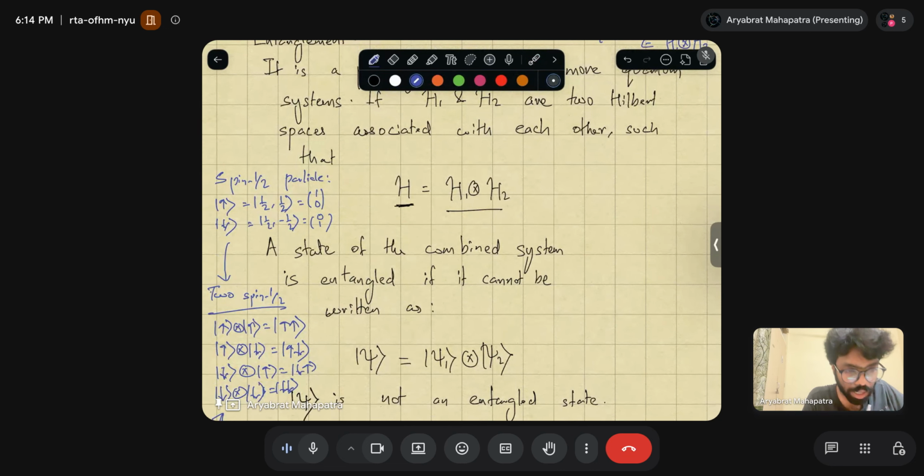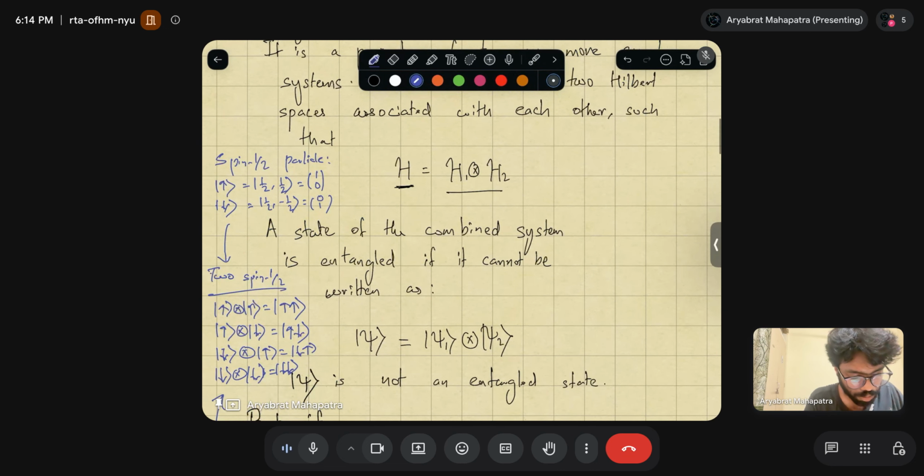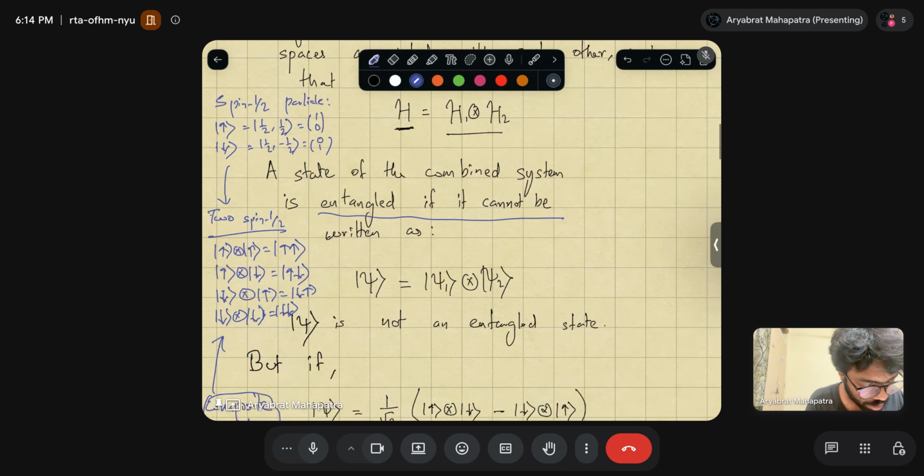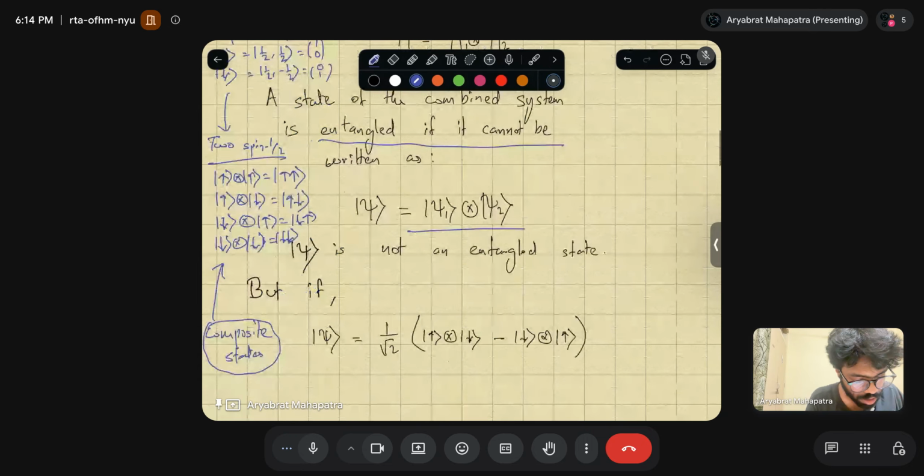But we have not yet come to what exactly entanglement is. Now, the state of the combined system is entangled if it cannot be written as this.